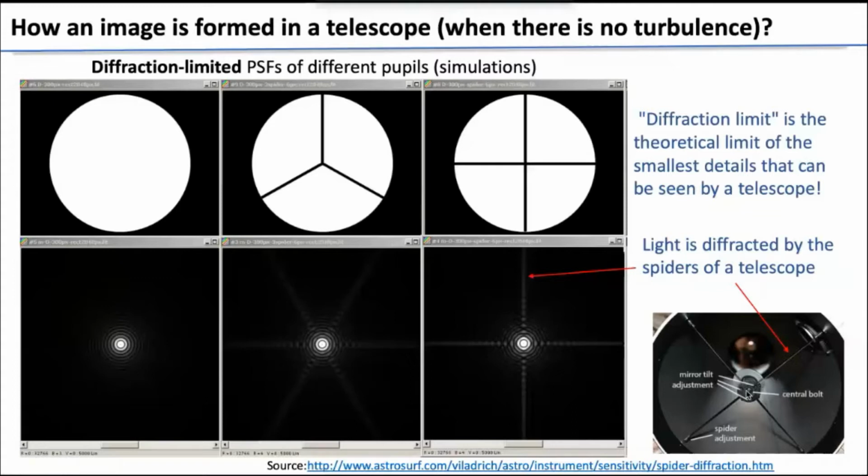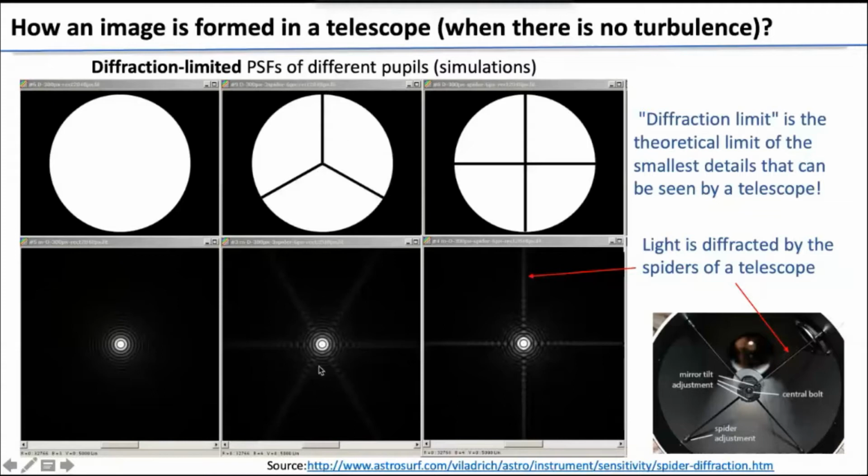How are you going to hold your secondary mirror? You're not going to hold it in the air. So you add these little arms to hold the secondary mirror itself. In your image, you will definitely see those arms as well, because this is the image you're seeing.